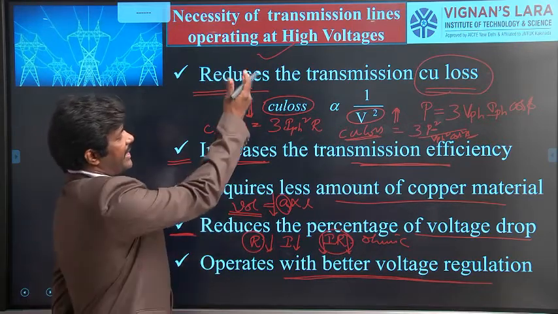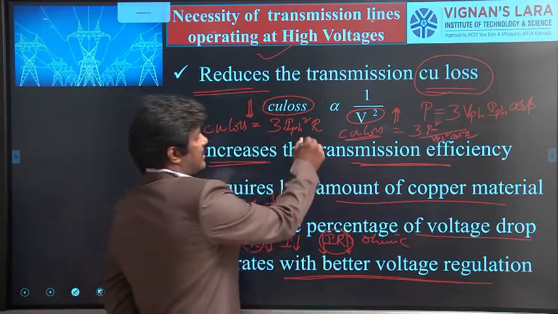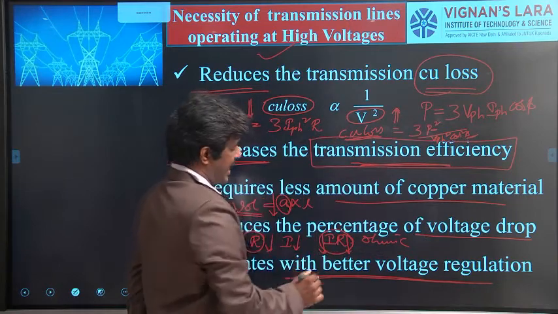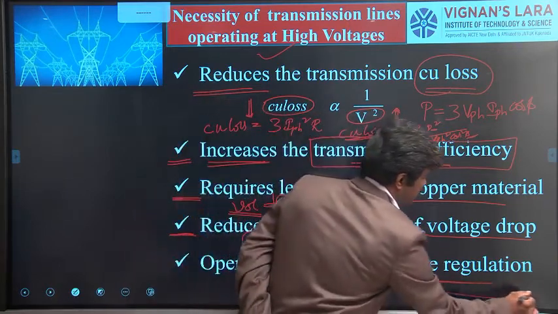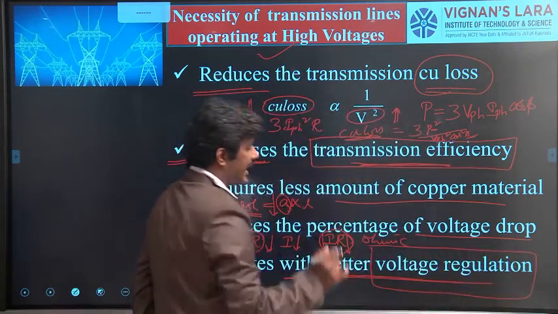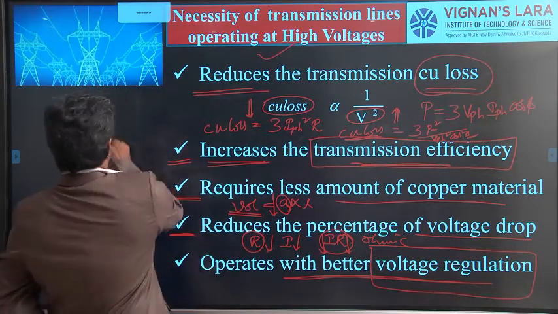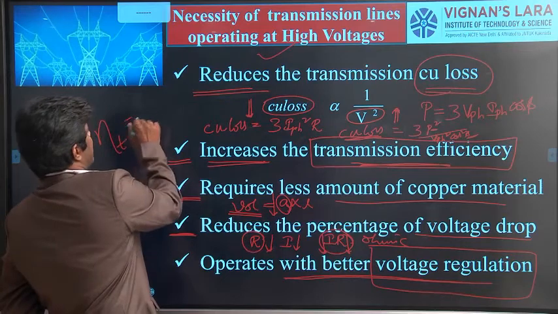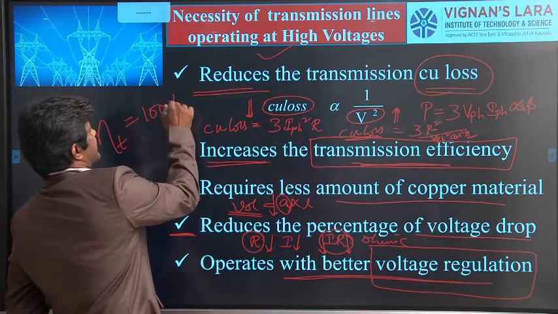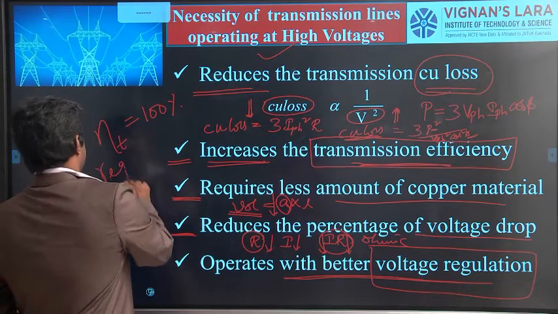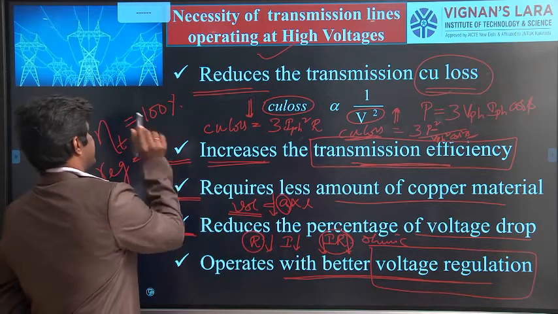In the advantages, two keywords are very clear: transmission efficiency and voltage regulation. The ideal value of transmission efficiency is 100%, and the ideal value of voltage regulation is 0%.